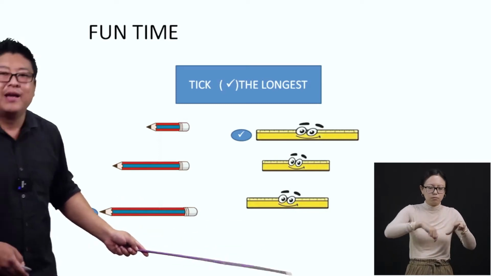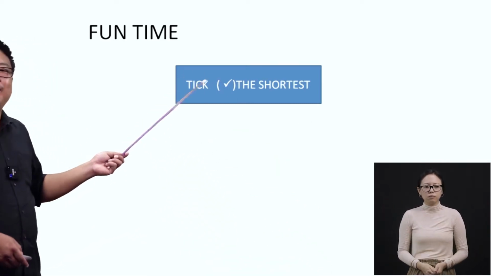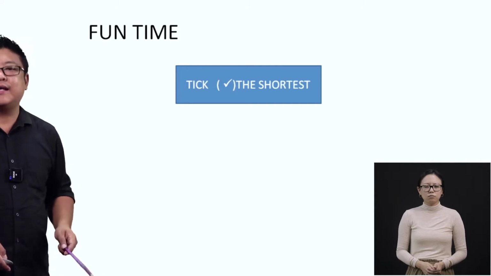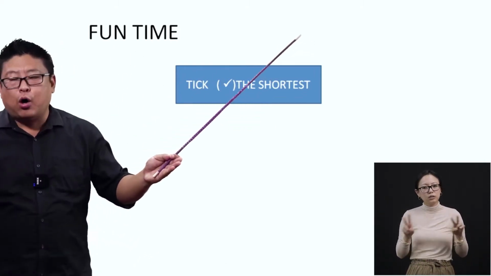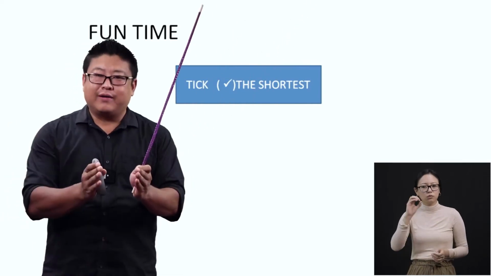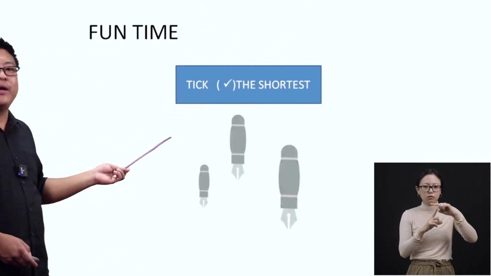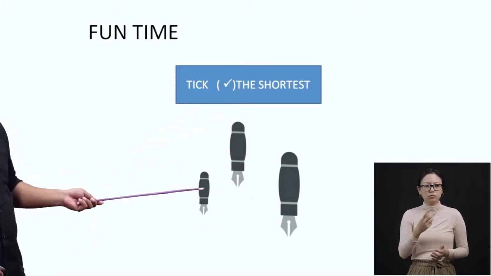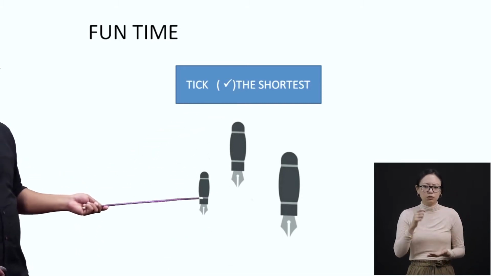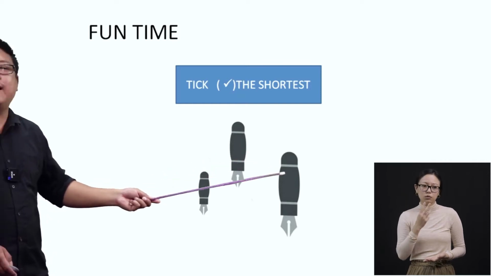Okay, children. Now let's look at the opposite of longest, which is shortest. If you say long, the opposite will be short, right? So we will try to identify the shortest in this picture. We see three pens, 1, 2, and 3.